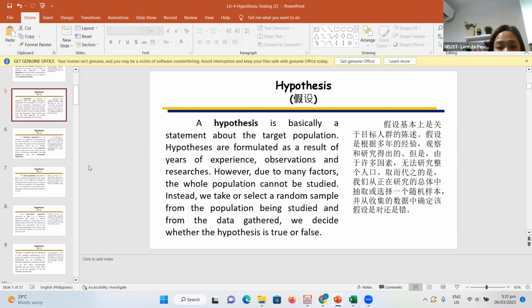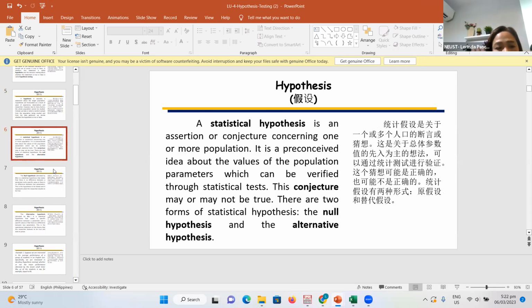Then we need to make sure that the target population, with respect to the criteria that we set, itama siya. And the way that we draw the sample from the population is also correct. Walang bahid ng duda. And the sample size is also correct. So kung na-satisfy na natin yung basic condition na yon, then we are ready to perform hypothesis testing.